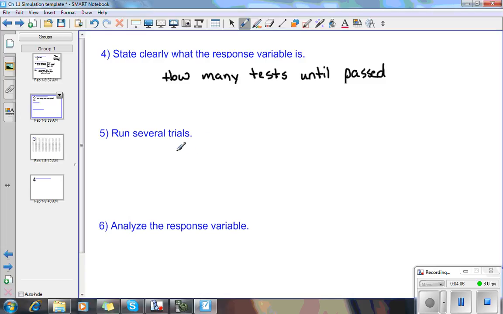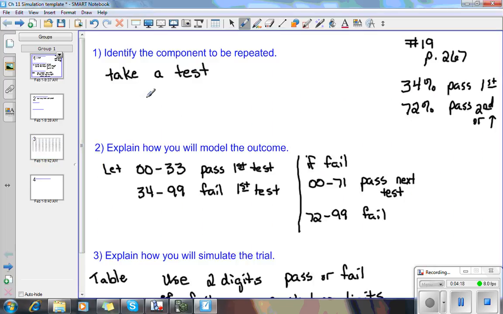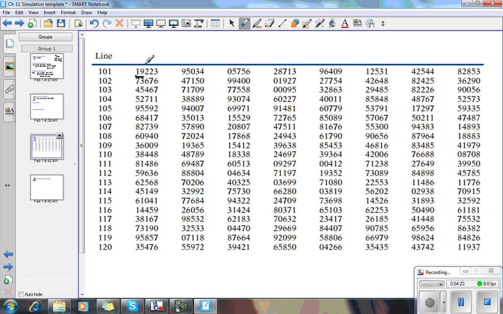So this is where we're going to actually go through and do the process. I'm going to use this table that I used once before. So I go through, and on the first test, for my first trial, remember my numbering system again, 00 to 33 passed the first test. Let me start on a different row.